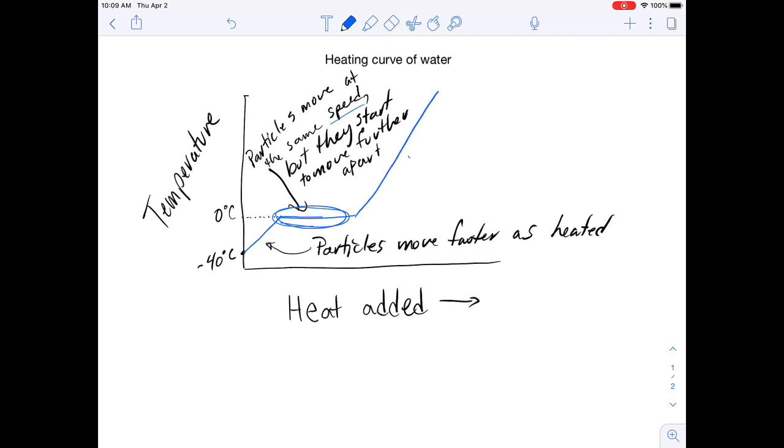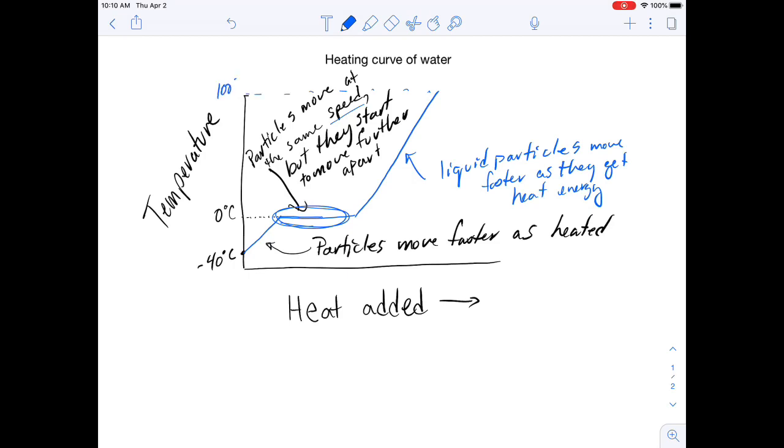And so in this spot, we've got liquid particles that move faster as they get energy. So the heat is now changing the temperature as they get heat energy. And the particles are moving faster now. And so the temperature rises. And it's going to continue doing that until 100 degrees Celsius.